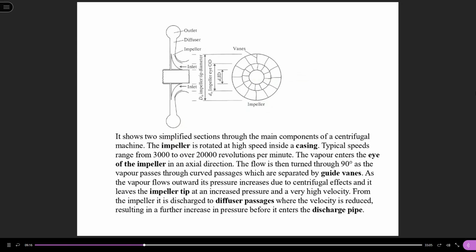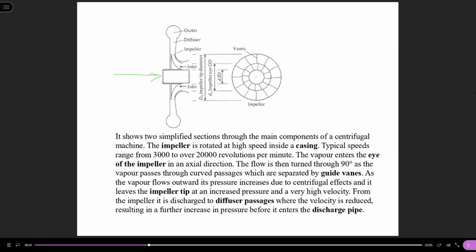This is the eye of the impeller, and the vapor enters the eye of the impeller in an axial direction.